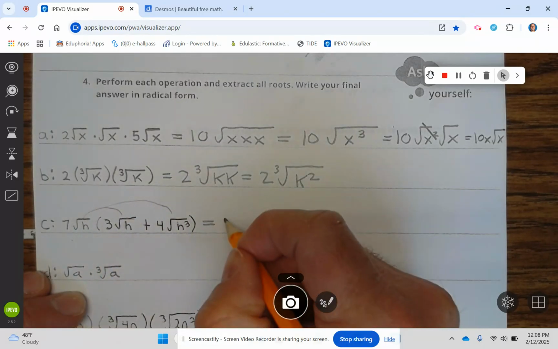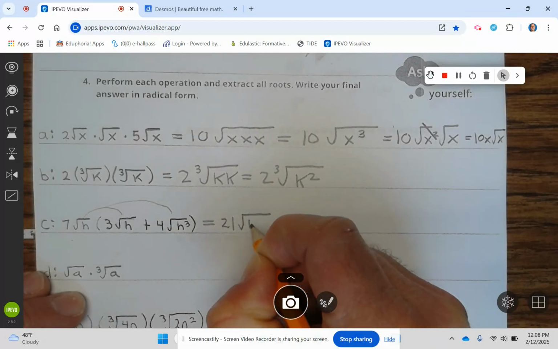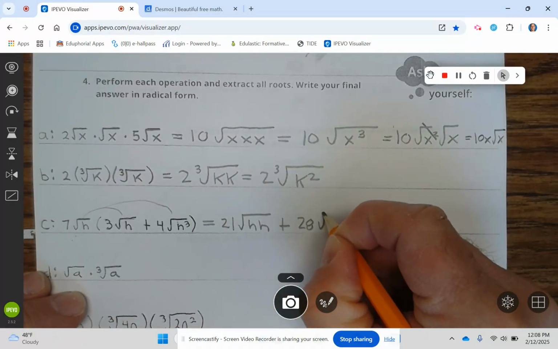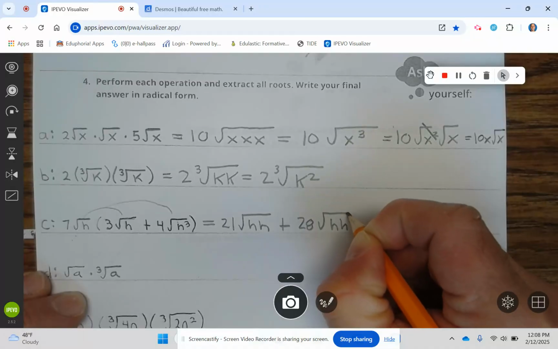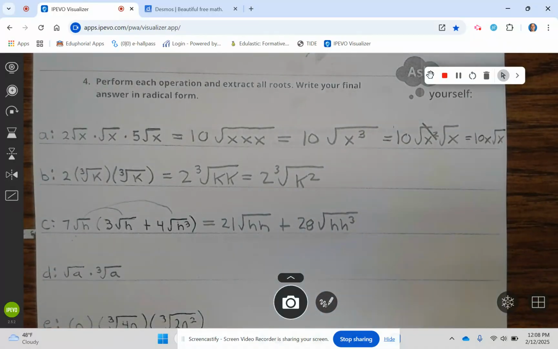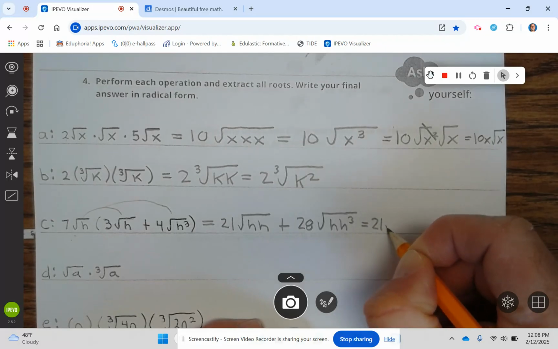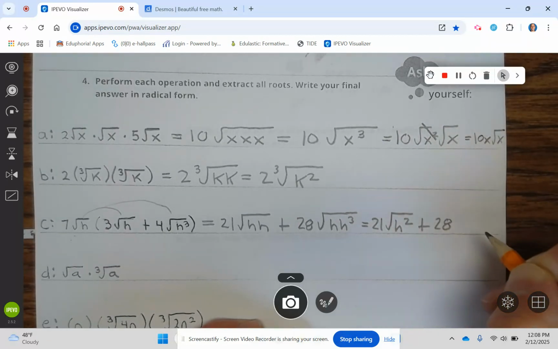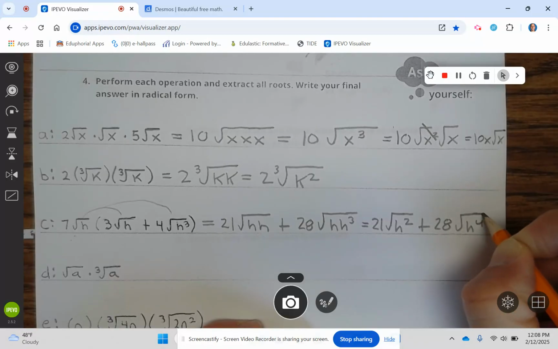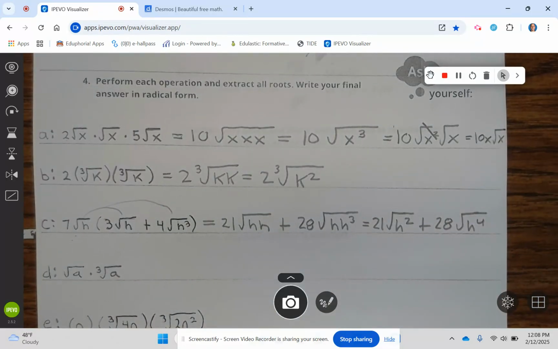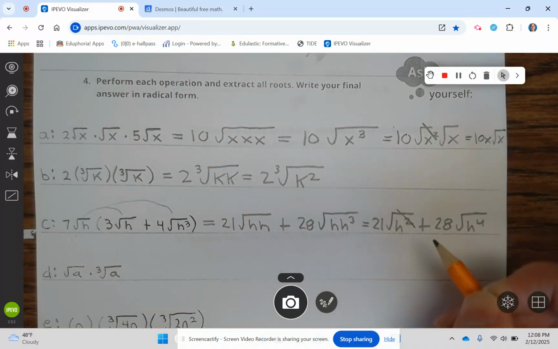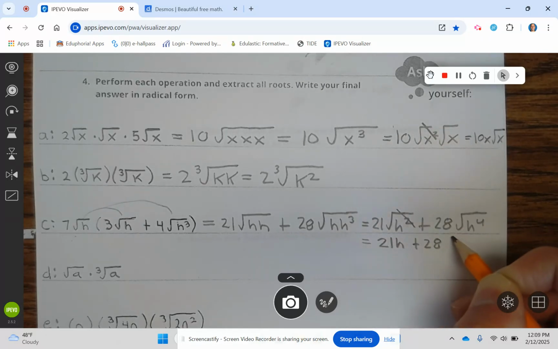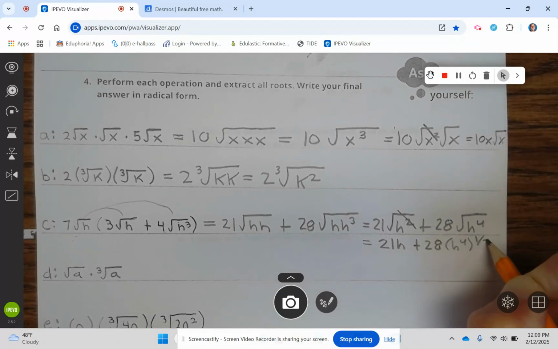So 7h times 3h is 21 square root of h times h plus this times this is 28 times the square root of h times h cubed, which equals 21 times the square root of h squared plus 28 square root of h to the fourth, which the square root cancels the squared, so you get 21h plus 28 times h to the fourth times 1/2.